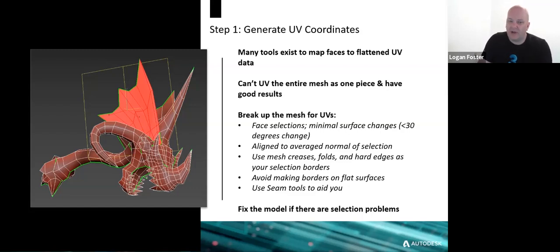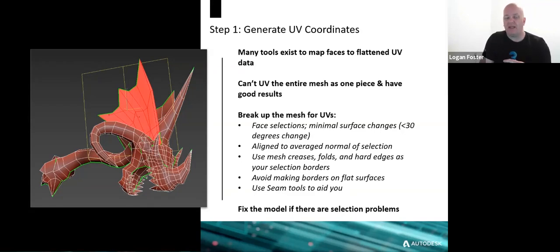So what I try to do when I'm generating my coordinates is I try to break the mesh up itself using the UV tools. And I exclusively use the Unwrap UVW modifier for this. So what I'm looking at doing is I'm trying to make face selections, and I'm looking at minimal surface changes. When you look at the sample model I've used on the left from a model I built here, I was taking this fin off the dragon's head, and I was looking at it and saying, okay, what's a fairly flat piece here?